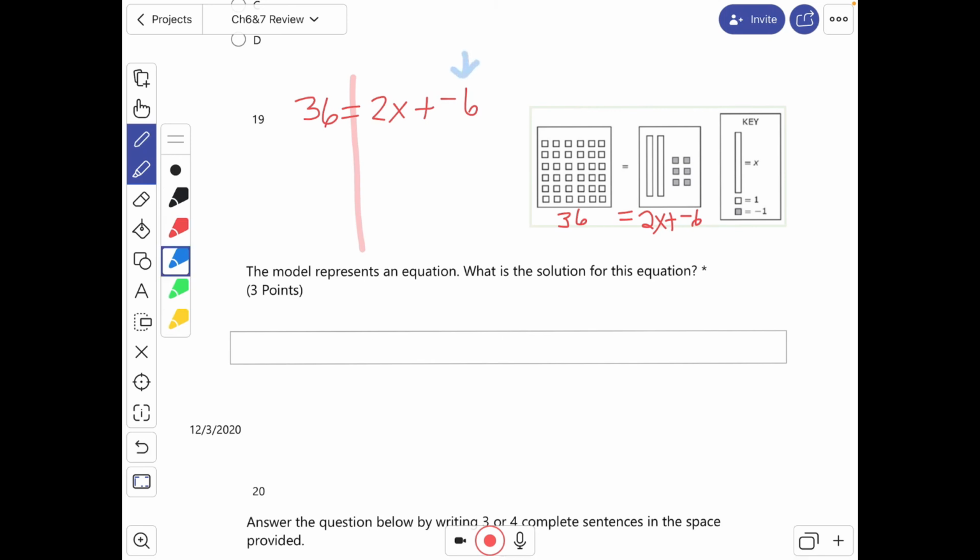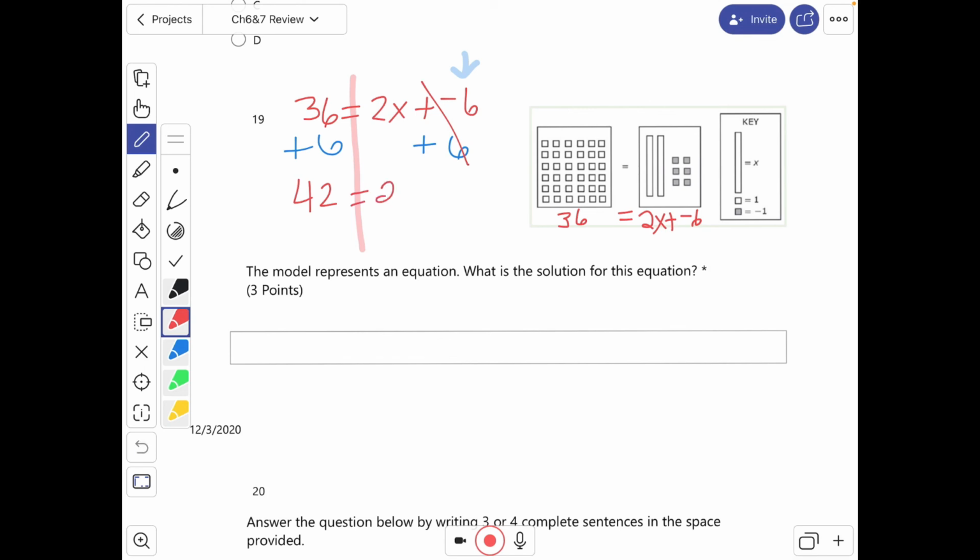And remember, we get rid of the constant first. So the opposite of plus a negative 6 would be plus a positive 6 to both sides. 36 plus 6 gets me 42.